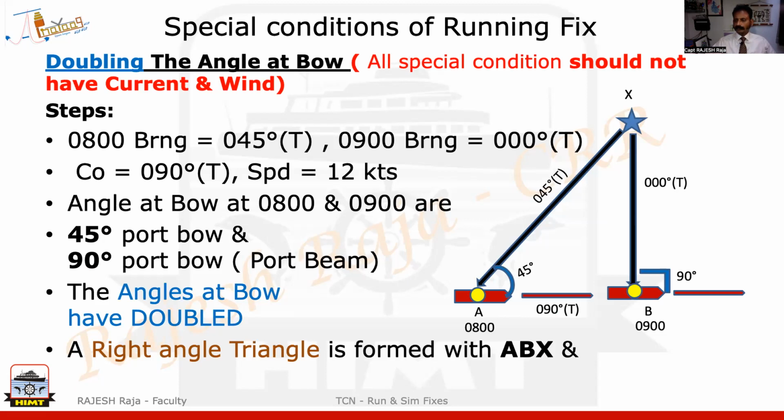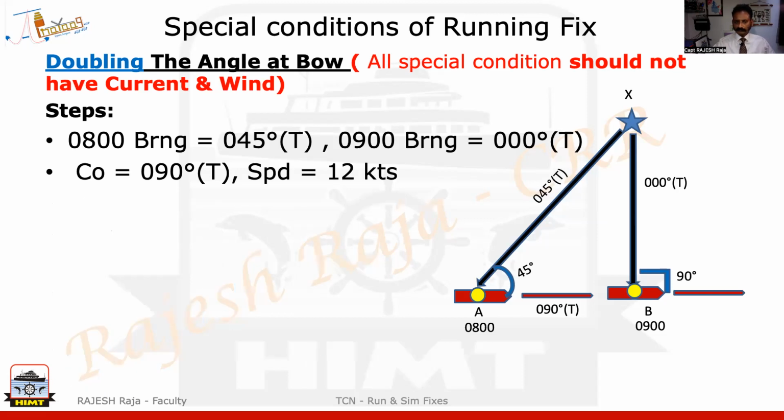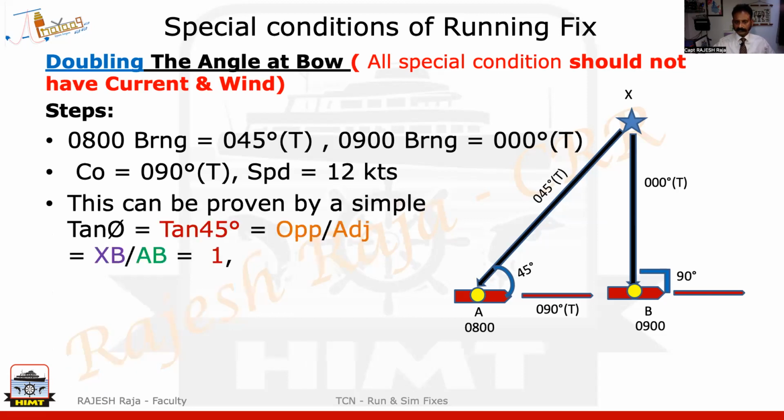So if you try to form a trigonometric relation here, I can form something called tan 45, and tan 45 is 1. And let us quickly look at what tan is. Tan is basically opposite by adjacent side.